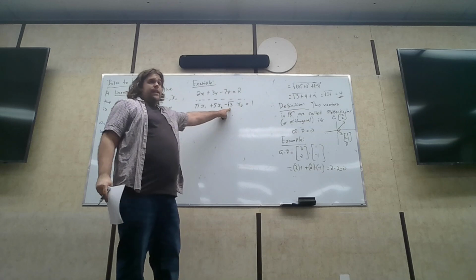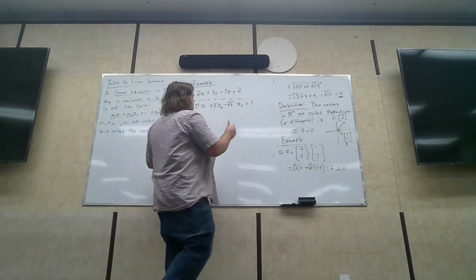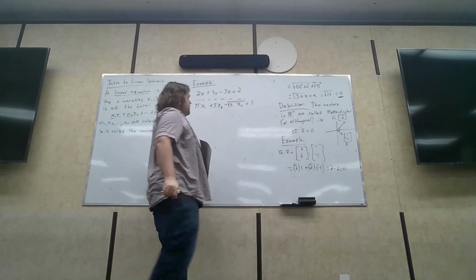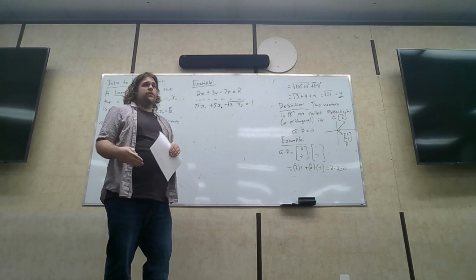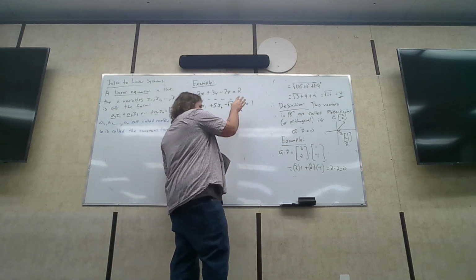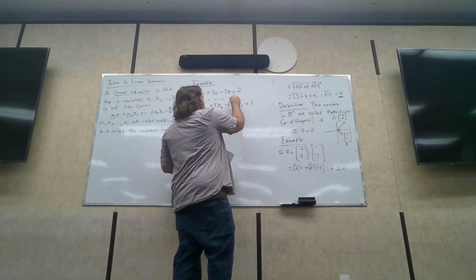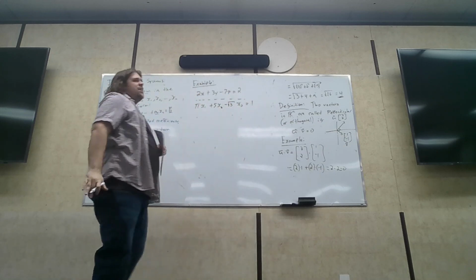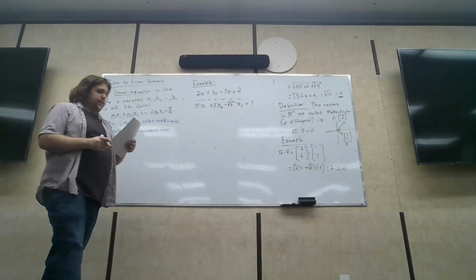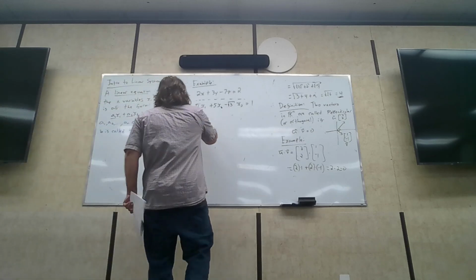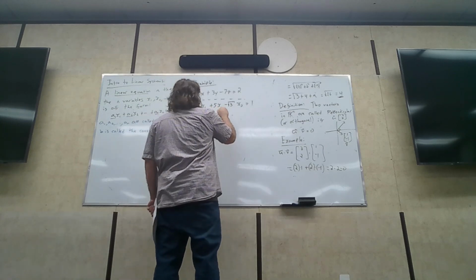Square root of 3 is just a number, right? If we had done this, and it was square root of 3x3, now we have a problem. That's no longer linear, right? Because we're doing a different operation on the variable itself. So as long as it's outside of the variables and that variable is just by itself, nothing fancy happening, that's linear. So some not linear equations.